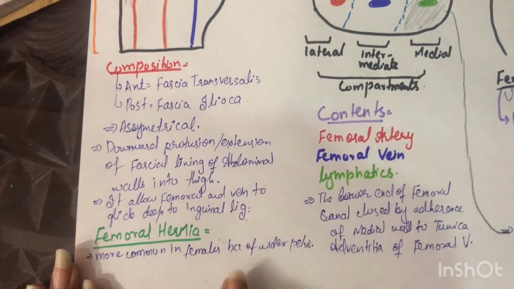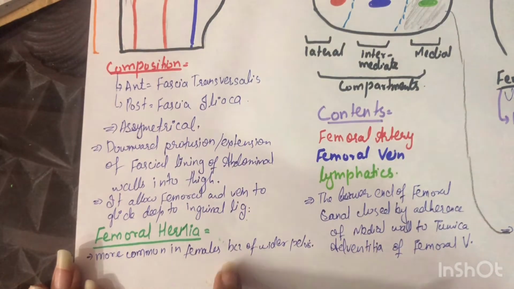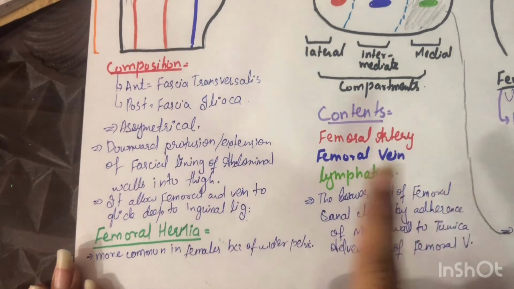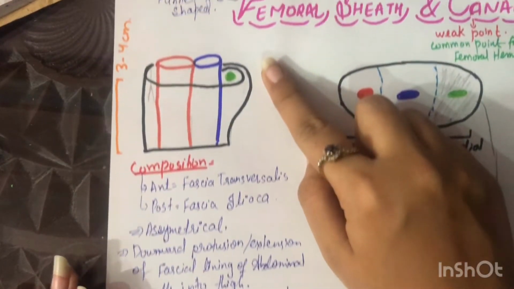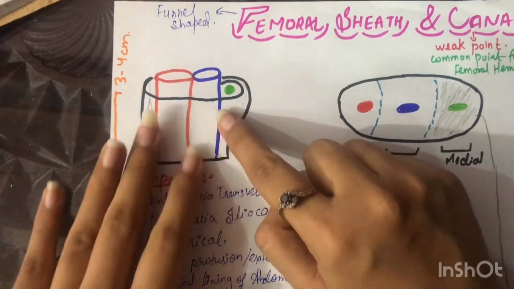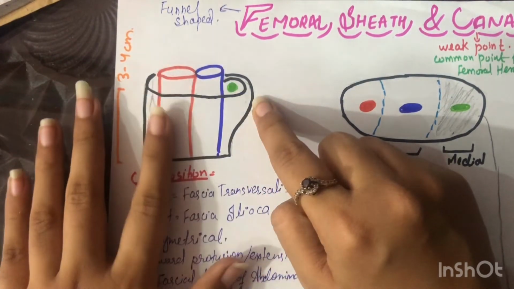And yes, the femoral hernia can be easily seen in the thigh region near the femoral sheath, because this is all made up of the abdominal fascia.